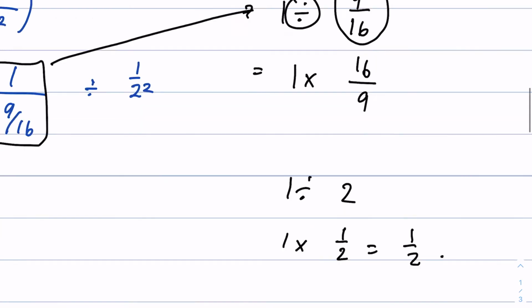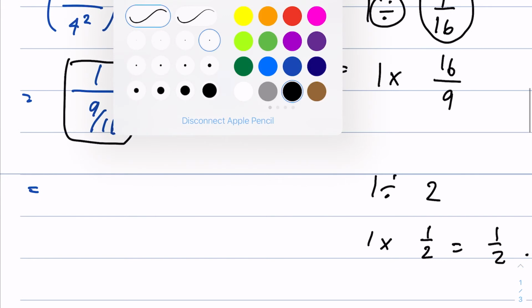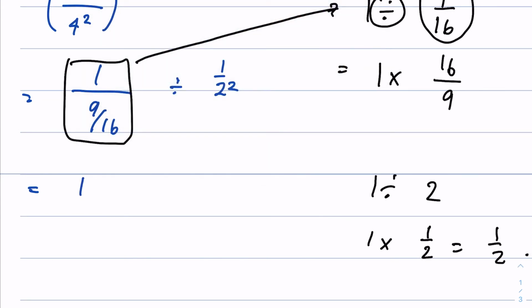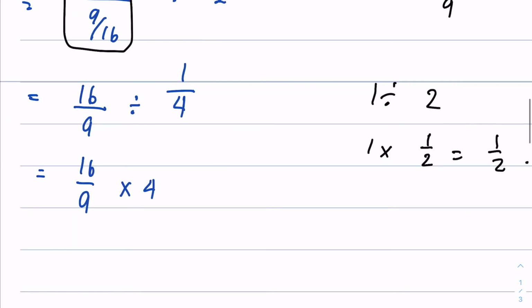So this is what we're going to do. So it becomes 16 over 9. 1 divided by 2 squared, which is 1 over 4. So same thing as you did here.